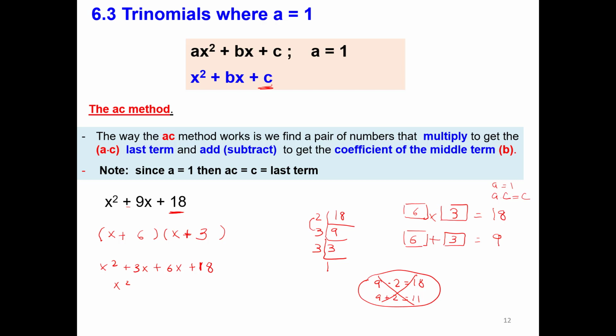And x squared plus 9x, combining the middle terms, plus 18. This is exactly what we had. This is how we can factor this polynomial. We can write x squared plus 9x plus 18 as x plus 6 times x plus 3.